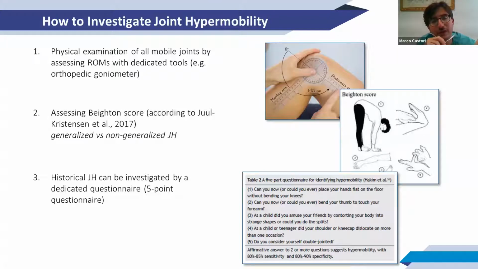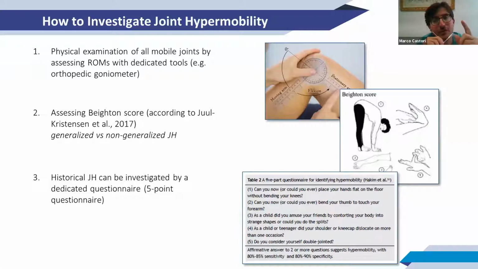After its first appearance in the literature, again in 1973, it was subsequently used as a clinical tool for discriminating individuals with or without generalized joint hypermobility.